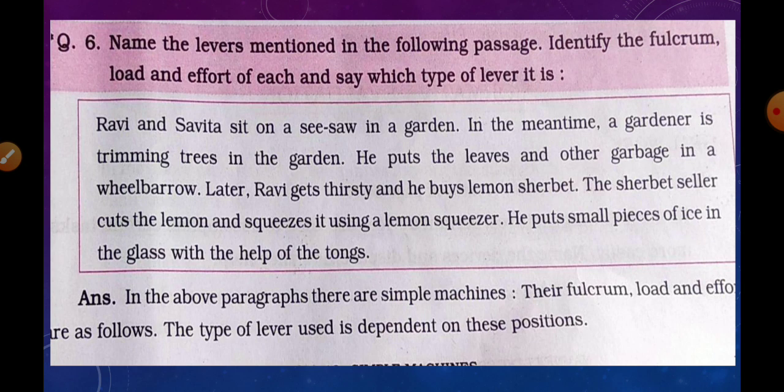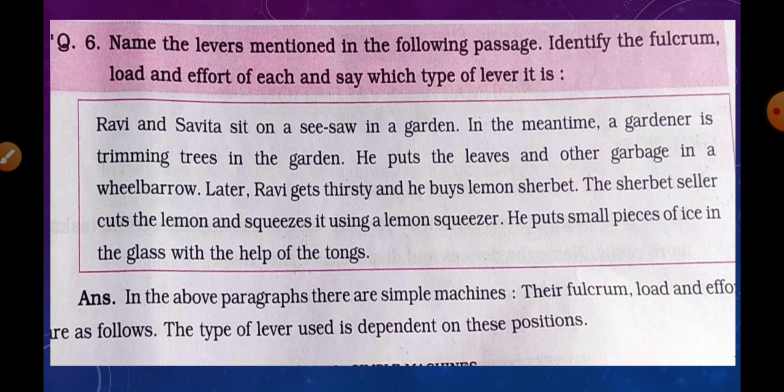In the meantime, a gardener is trimming trees in the garden. Trimming. Gardener is trimming the trees with what? Trimmer. And he puts the leaves and other garbage in a wheelbarrow. That also we have studied already. We saw the picture. Later, Ravi gets thirsty and he buys lemon sharbat.